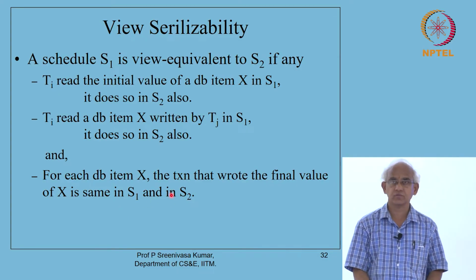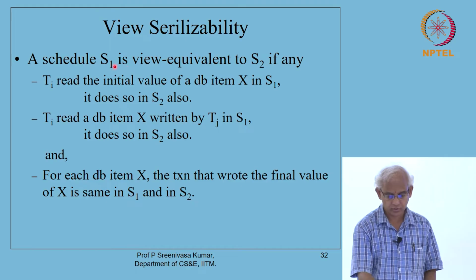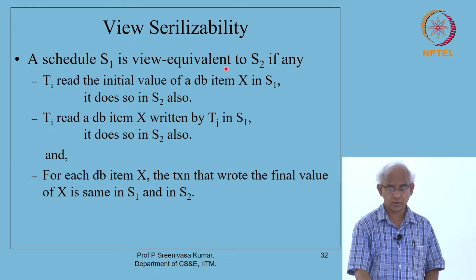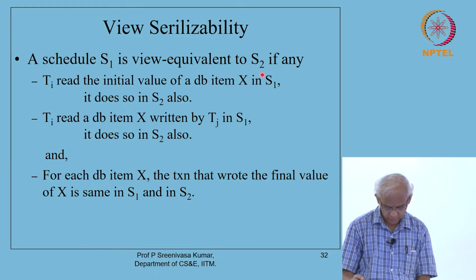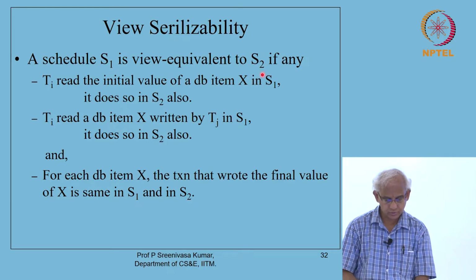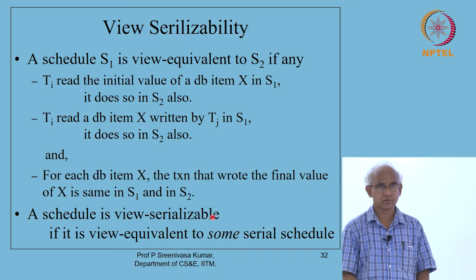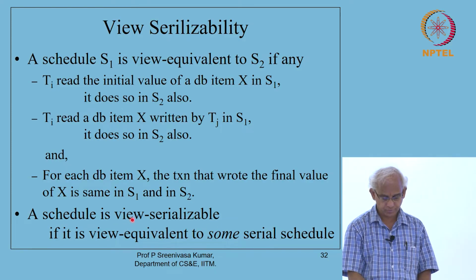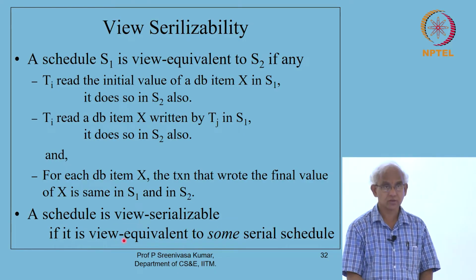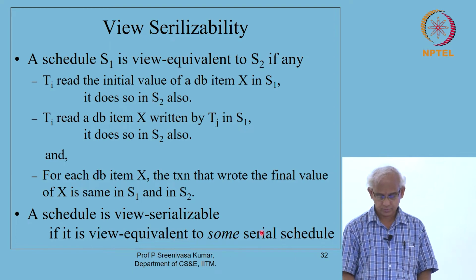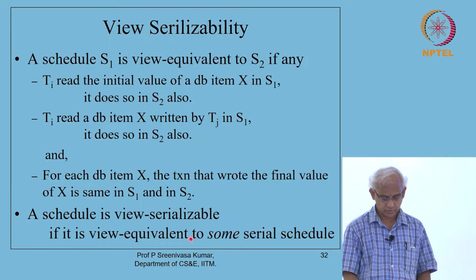If this is the case, we call schedule S1 view equivalent to schedule S2, and using this notion of view equivalence, we will define view serializable schedules. A schedule is said to be view serializable if it is view equivalent to some serial schedule. This is very important. We are not bothered about any particular serial schedule here. It's equivalent to some serial schedule.